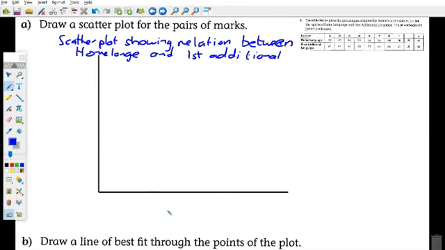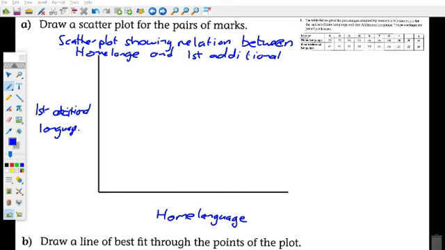So we already said I'm going to put my home language as my X, and my first additional language over here as my Y.